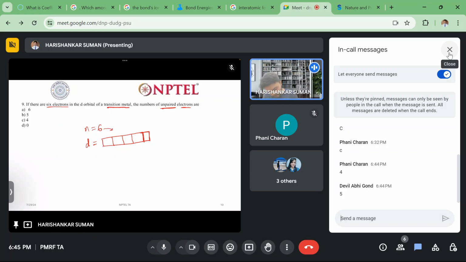You have to fill 6 electrons. How? 1, 2, 3, 4, 5, 6, like that. And now you can calculate the unpaired electrons easily.